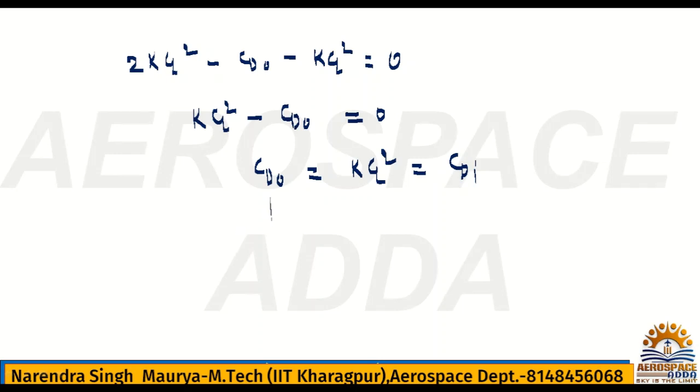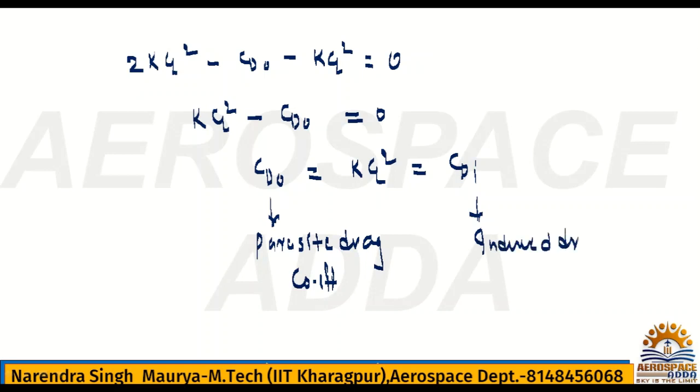What is the CD naught? It is the parasite drag coefficient, and CDI is the induced drag coefficient. We have seen, right, KCL square is equal to CDI. So what is the conclusion?